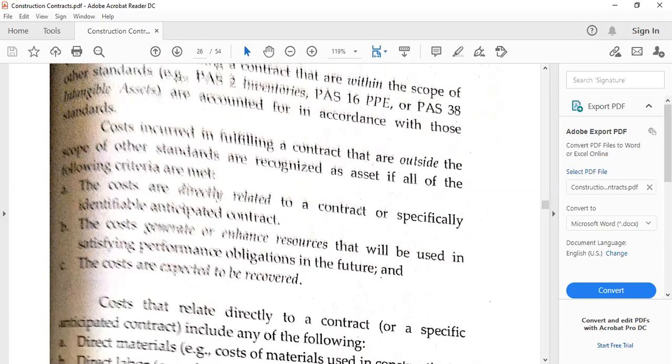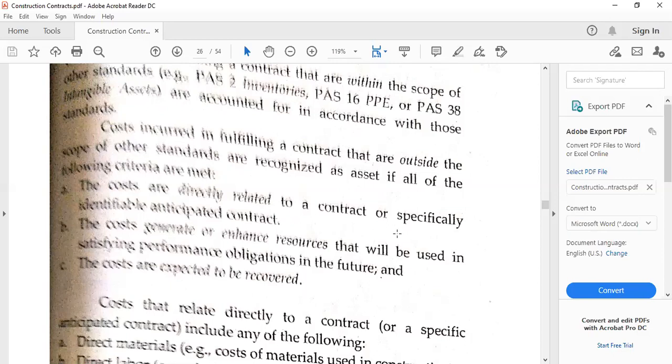So anyway, the basic point is that whatever asset that would be, the basic rules would be the same. If they are directly attributable to the contract or to the asset, in that the asset would not be complete, the asset would not be in a form that is intended by the management for its use, then such would not be capitalized.